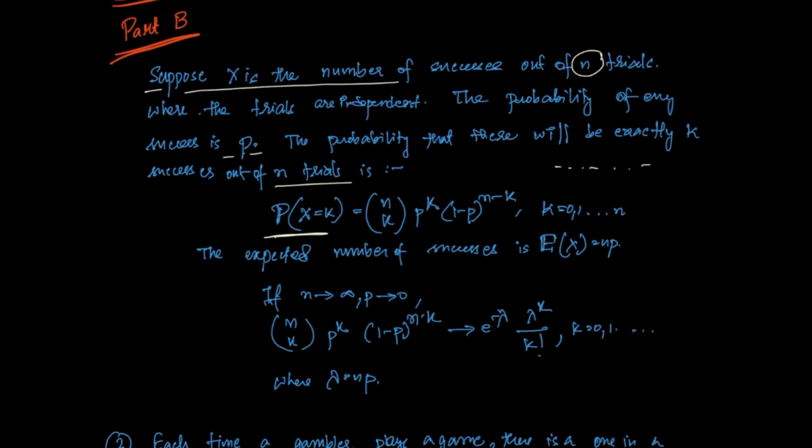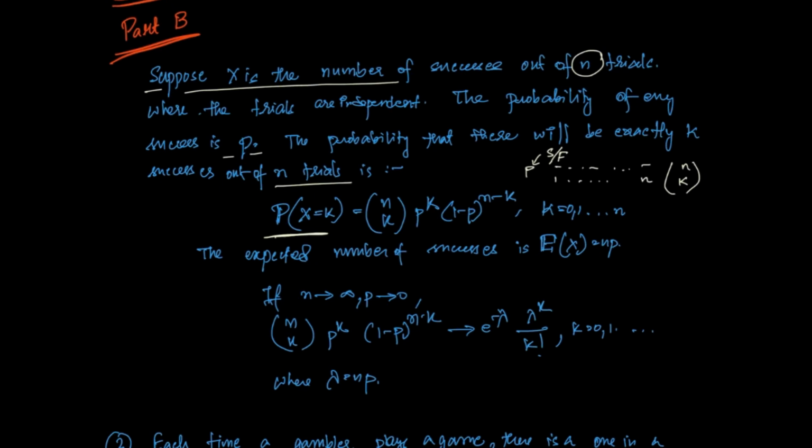Each of those slots can be either success or failure, the probability of success being P. These slots are numbered from 1 to n. I'm told that k of them will be successes. So let's first choose k of these slots, which I can do in nCk ways. And then all those k slots should have success, which comes with probability P.